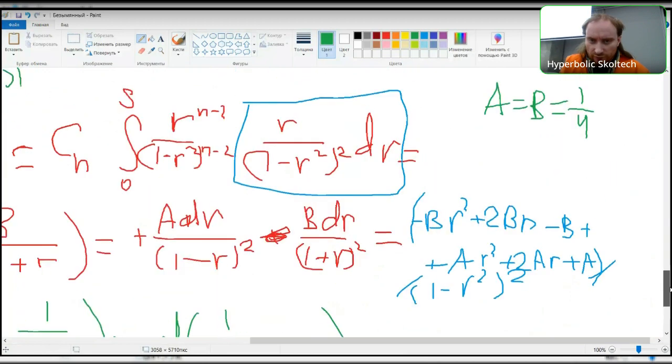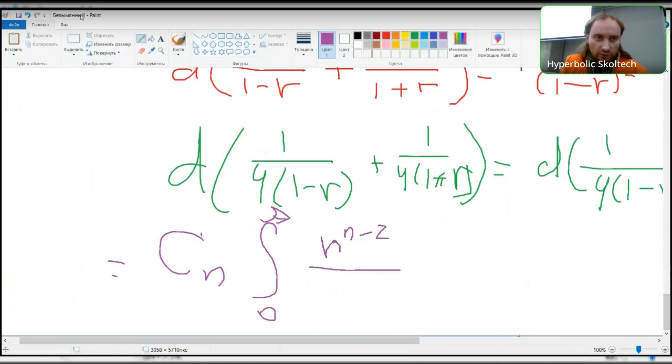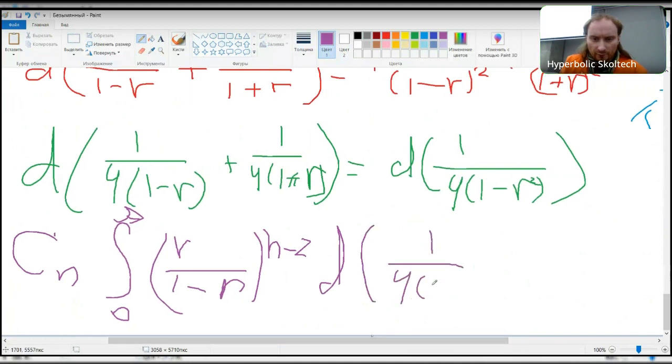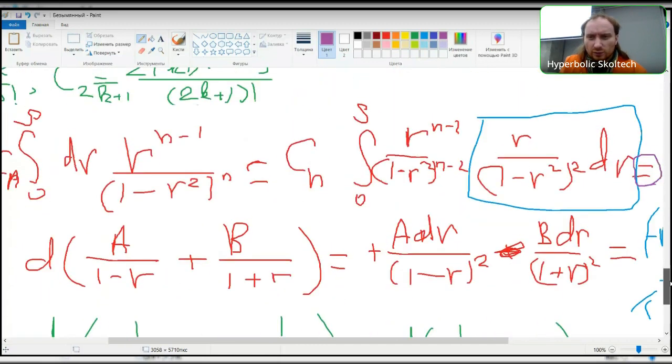R power n minus 2, something like this. Sorry, I got lost.